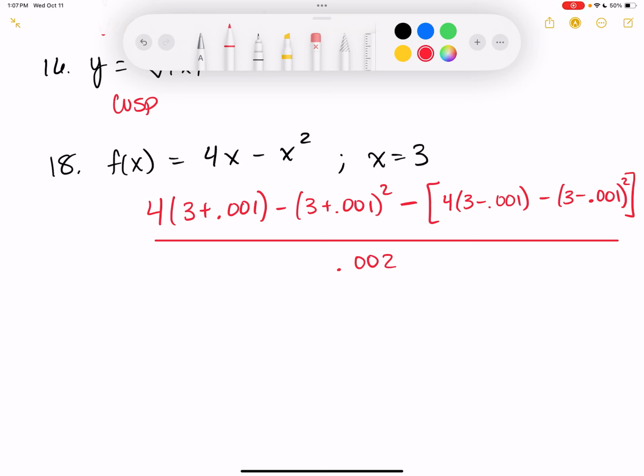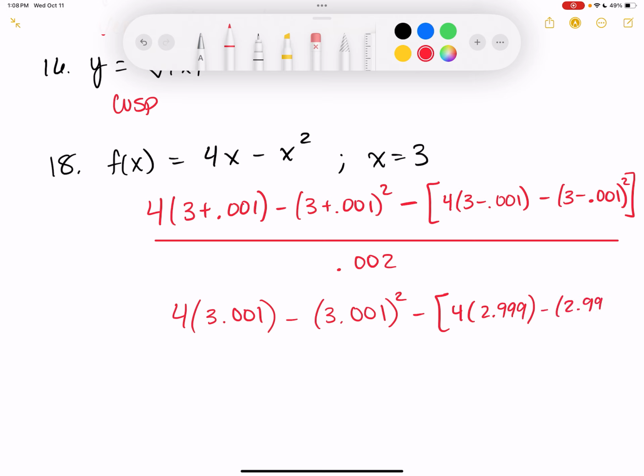Then what I would write from here on out, rather than writing out that step, is I would go straight to this point: 4 times 3.001 minus 3.001 squared, minus 4 times 2.999 minus 2.999 squared, all over 0.002.